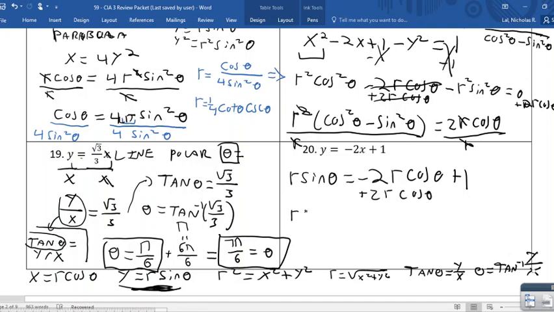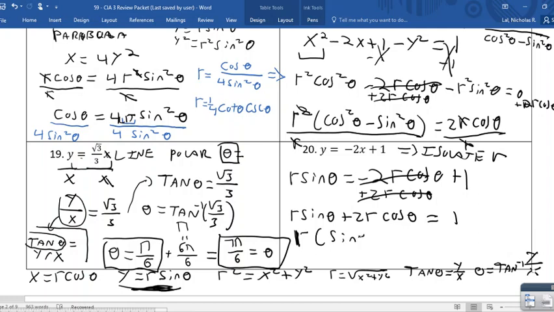So we have r sine of theta plus 2r cosine of theta is equal to 1. So these are going to cancel out. At this point, you have r sine of theta plus 2r cosine theta is equal to 1. And now you can factor out an r. For the vast majority of polar equations, your goal is to isolate r. So we can factor out an r and get the sine of theta plus 2 times the cosine of theta is equal to 1.